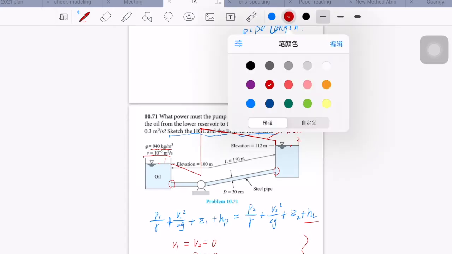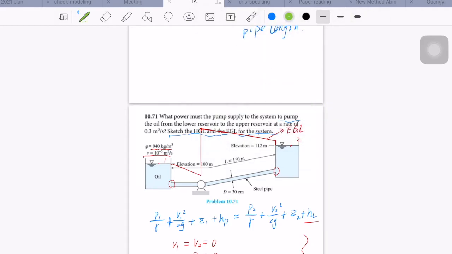And I will use another color, green, to plot HGL. The dashed green line is HGL. So we finished this problem.